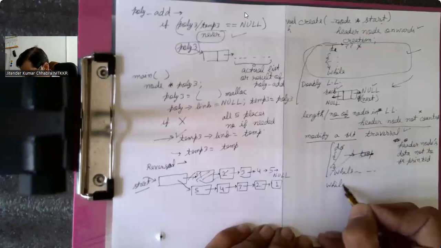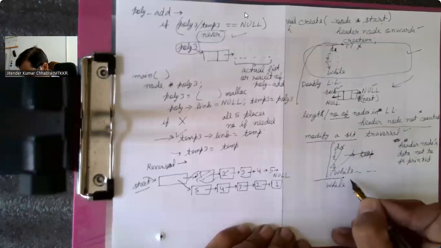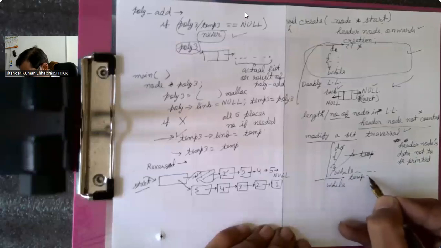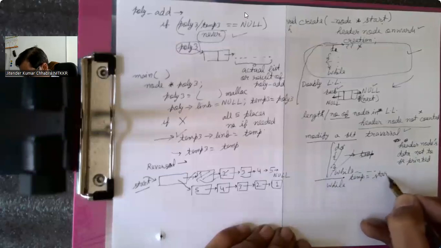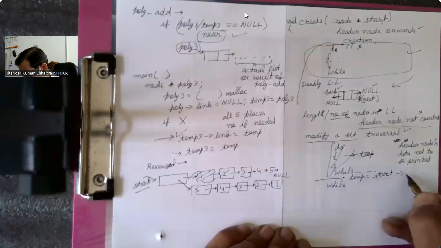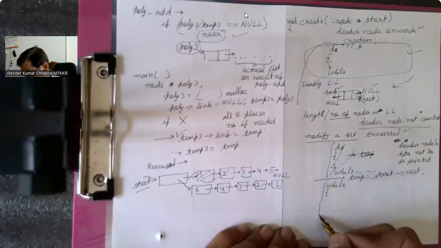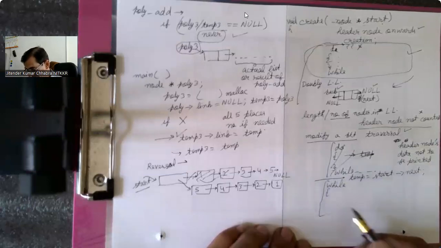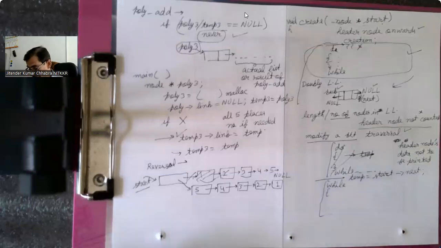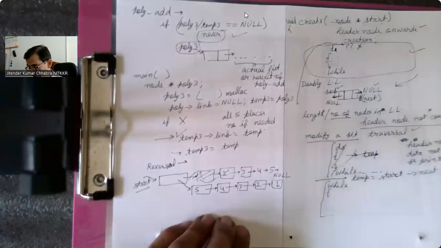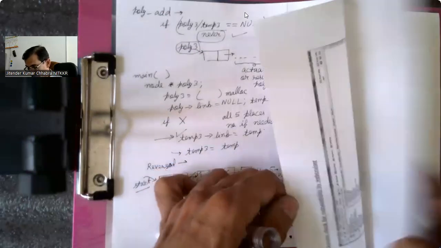In case of a while, firstly you will say maybe temp equal to start arrow next instead of simply start. Even that will be the simplest choice, and the rest remains the same. And in a doubly linked list, your backward traversal also gets easily handled because the header node will always exist. So all that you can do and improve.